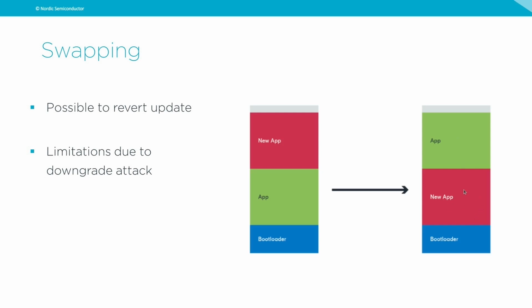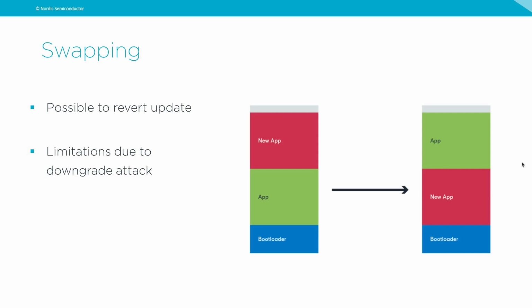However, if you do your tests and everything is fine in the new app, then it will tag itself as confirmed, and it will stay in place, and now that will be the permanent image that runs. As you can see, this gives you some robustness so that you are able to test that your app runs before you know that it runs forever.